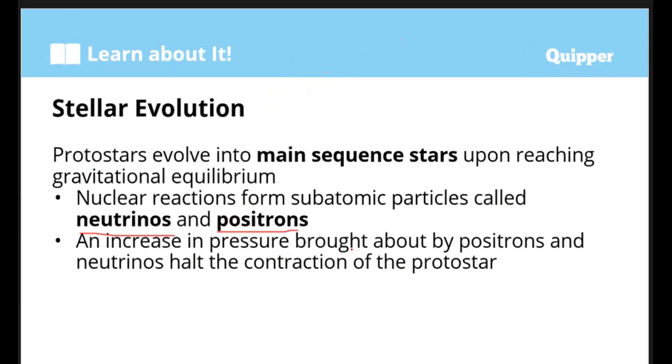An increase in pressure brought about by positrons and neutrinos halts the contraction of the protostar. By the way, neutrinos are different from neutrons. Positrons are different from protons. Okay.